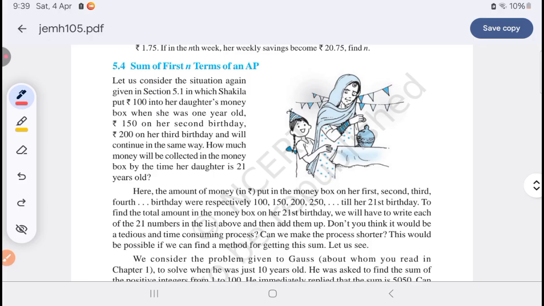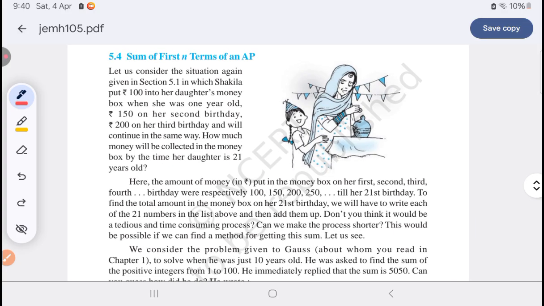To find this, you need to have the difference and the first term. Then you can find the number of terms and the nth term. Here is the sum of the first n terms of an AP. So in this chapter we will find the sum of the whole series.